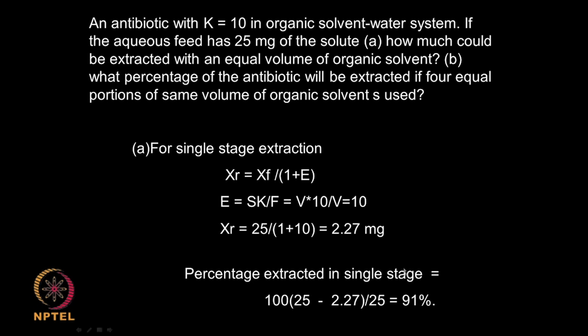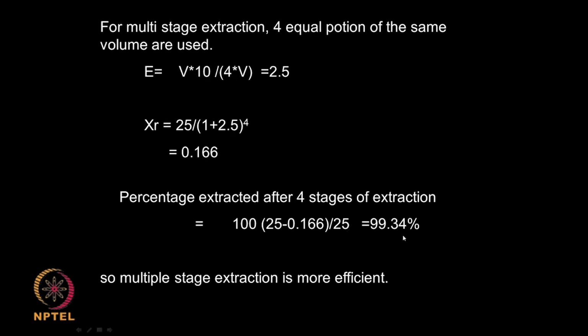Very interesting. So you look at the previous one, if I take 25 mg of solvent and use it in one stage, my recovery is 91%, but the same 25 if I divide into 4 parts, that is 6.25 milligram, and do 4 times extraction, my efficiency is 99%. So what does it tell?